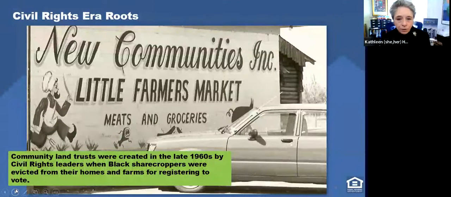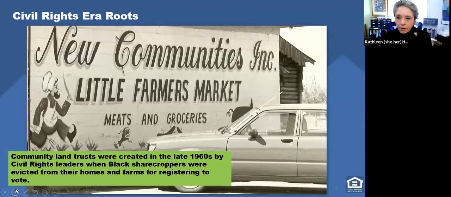Community land trusts were created in the 1960s by civil rights era leaders when Black sharecroppers were evicted from their homes and farms for registering to vote. What you see on the screen is a mural on the side of a building that says "New Communities, Little Farmers Market, Meat and Groceries."